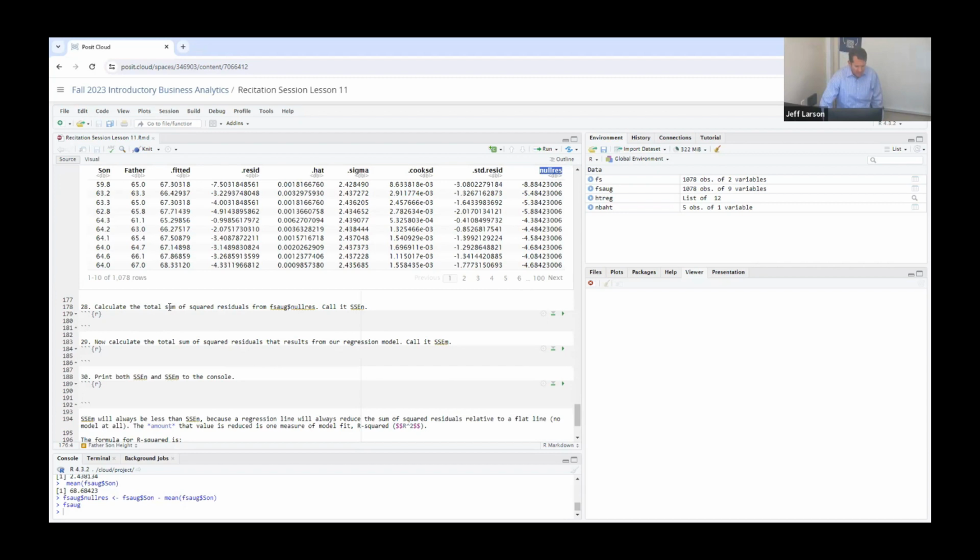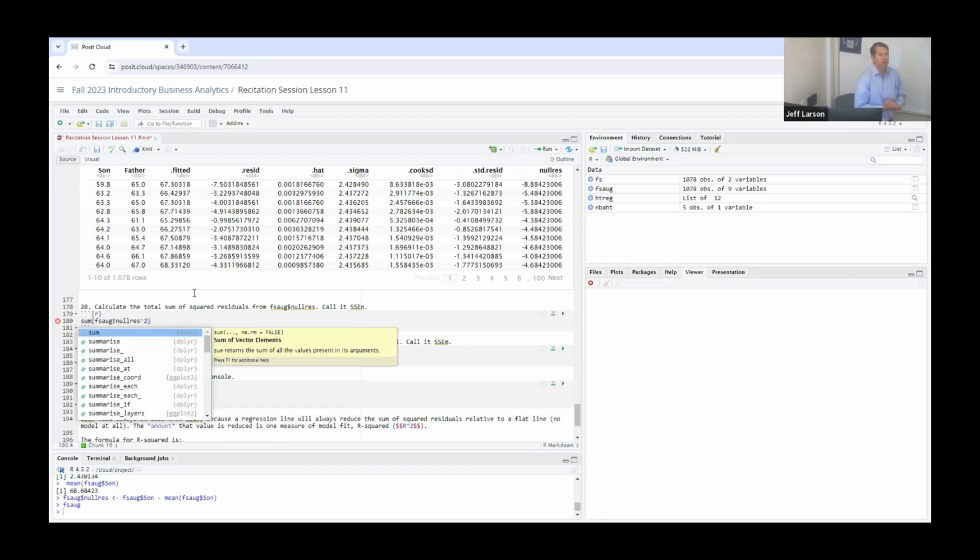Okay, now we're going to calculate the sum of squared residuals of null res, and all we have to do is say fs aug $null res. We're going to square all those residuals, and then we're going to add them all up. This is our sum of squared residuals. So our null residuals, those are farther off.